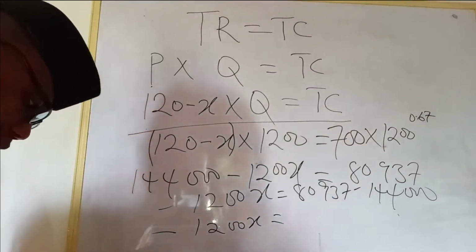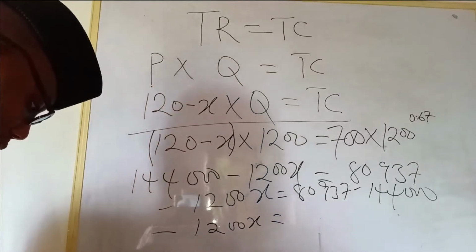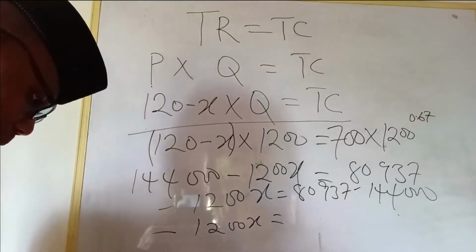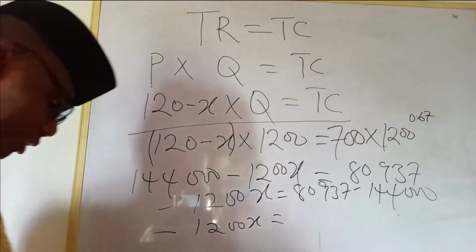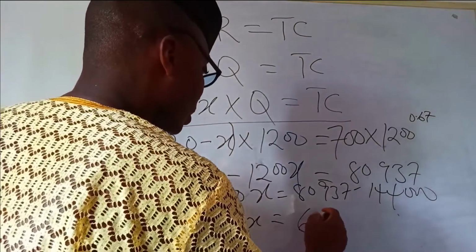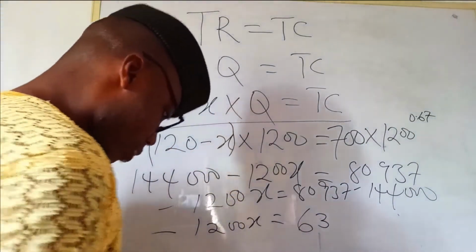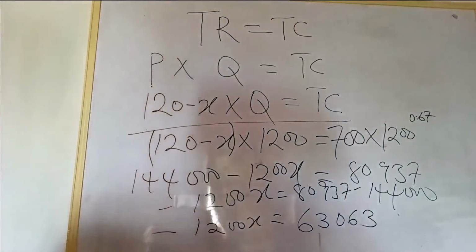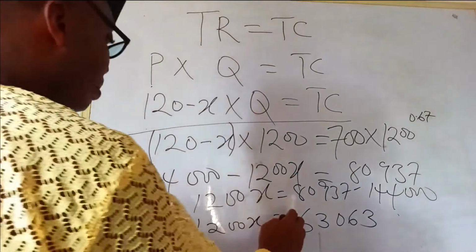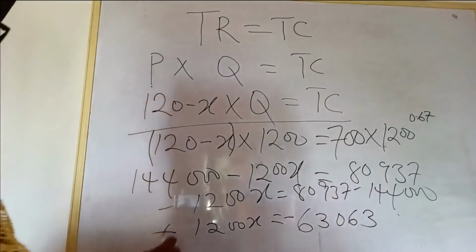let me see the calculator. When you take this out of that, you will get 63,063. That's what you get. Then this minus will cancel out.